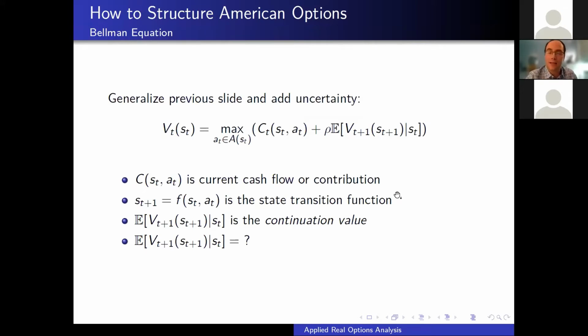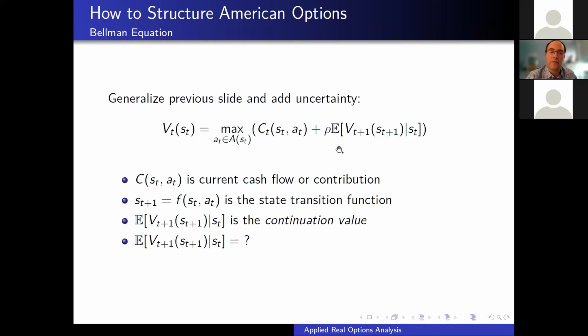Again, Analytica will represent this extremely nicely. And this scary looking thing with the blackboard E is the expectation, meaning that it's a probabilistic representation. Think about it as an average for those who have never seen this before. And we call it the continuation value.